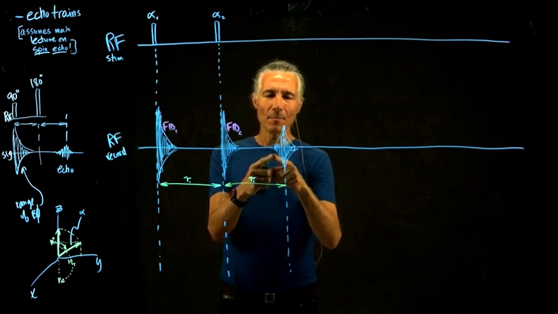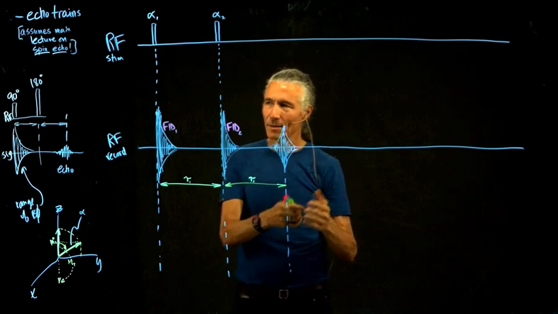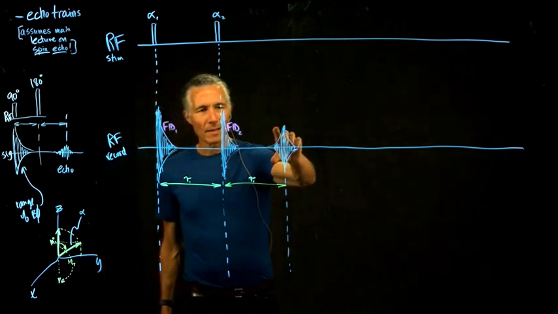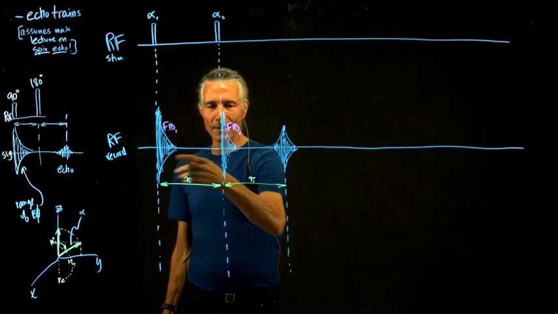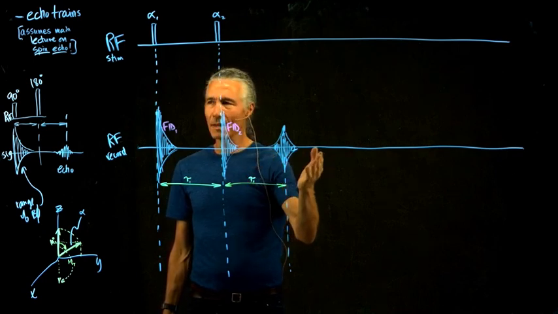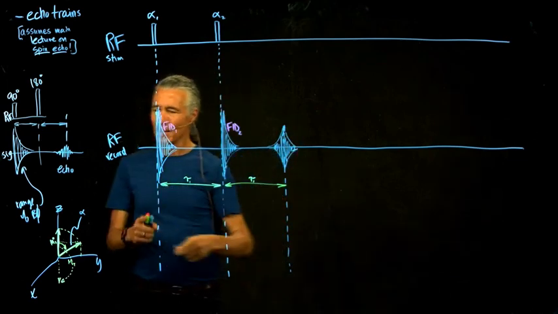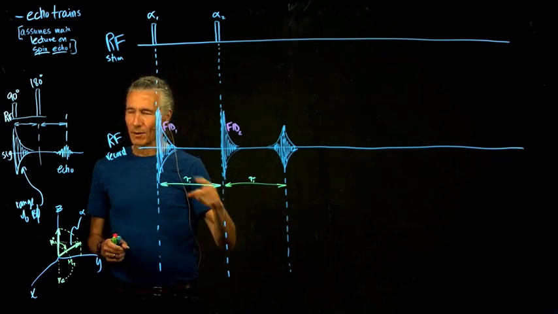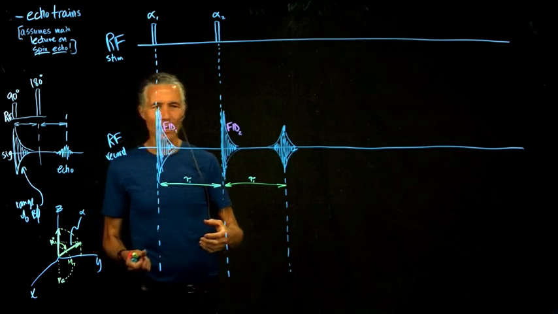Everybody comes back into phase here, and as soon as they do, they continue going back out of phase again immediately after the echo. So that's why the echo dies away like an FID, because the same thing is happening again. The fixed magnetic field offsets are all still fixed, and so they continue to mess up that sum and cause that extra T2 star decay, or T2 prime decay, that's added on to the regular T2 decay.